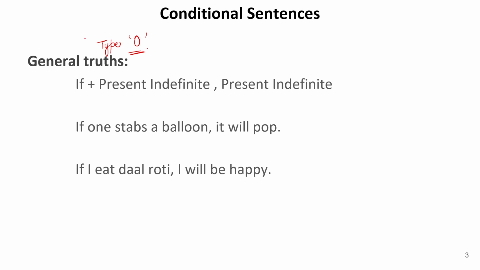In this case, we use if with present indefinite tense, and then we have present indefinite tense again. It means the sentence will be like if plus first clause, then we have another clause. In this clause, we'll write present indefinite, meaning subject plus verb first form or verb fifth form.